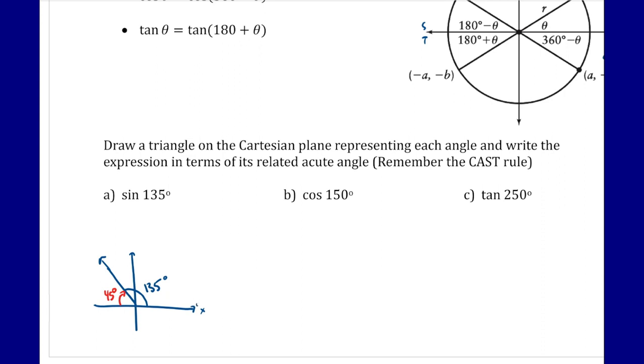So generally speaking, we have 0, 90, 180, 270, and 360. The reason I say 45 is because, going back to what we just talked about, we also know CAST.